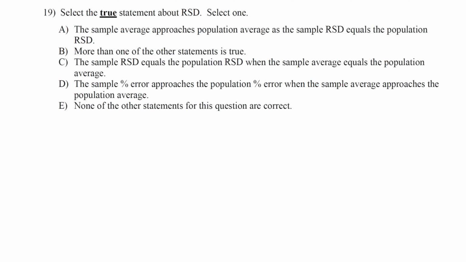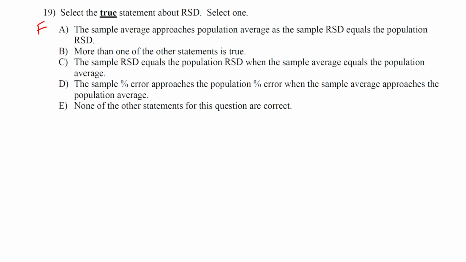Okay, select the true statement about RSD. The sample average approaches the population average as the sample RSD approaches the population RSD. This is patently, right, false. The sample average approaches the population average when small n approaches big N. Under no other circumstances does it occur.